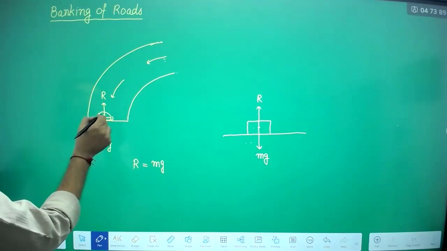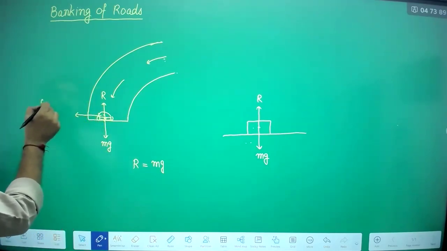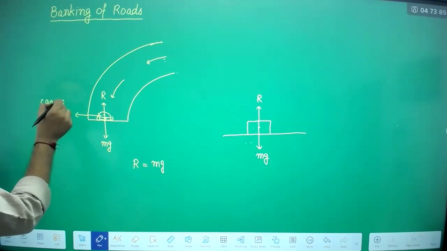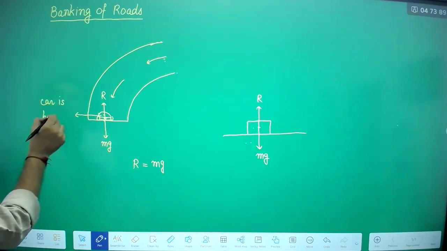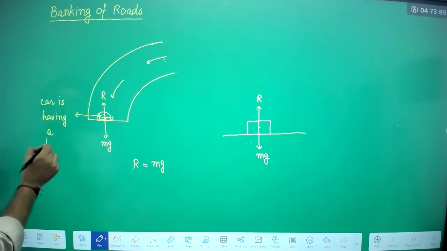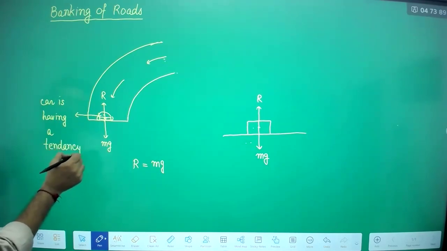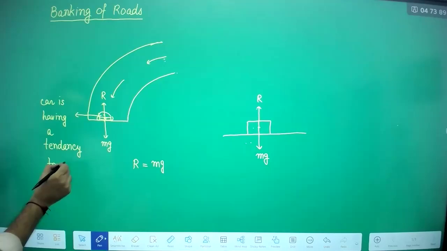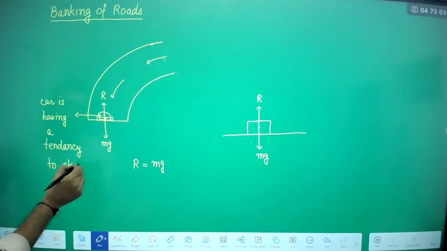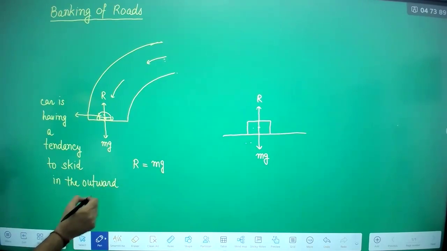So what I'm saying is, the car is having a tendency to skid in the outward direction.